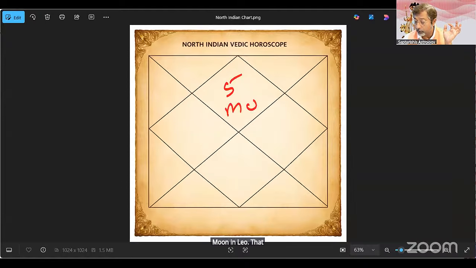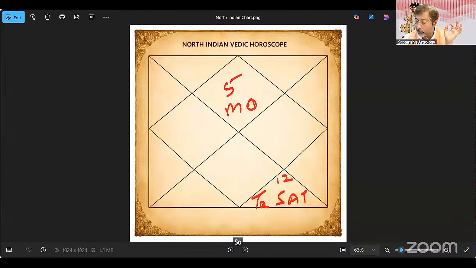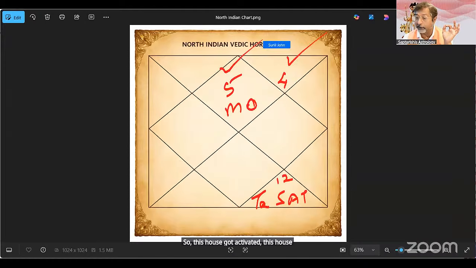So right now, where is transit Saturn in Pisces? Here. Moon owns which house? This Karka. So this house got activated, and this house got activated wherever moon is sitting, and wherever sun has gone.